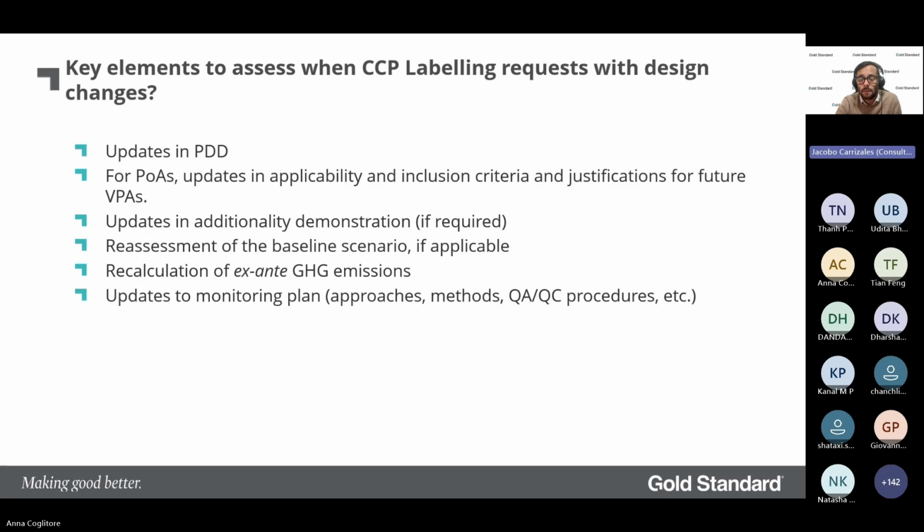And lastly, it's very likely if there are changes in the methodology, updates in the methodology, or changes in the version of the methodology used, it might be necessary to also update the monitoring plan and give new provisions accordingly to the methodology requirements. Everything in the context of approved ICVCM methodologies. Can we move to the next one, please?